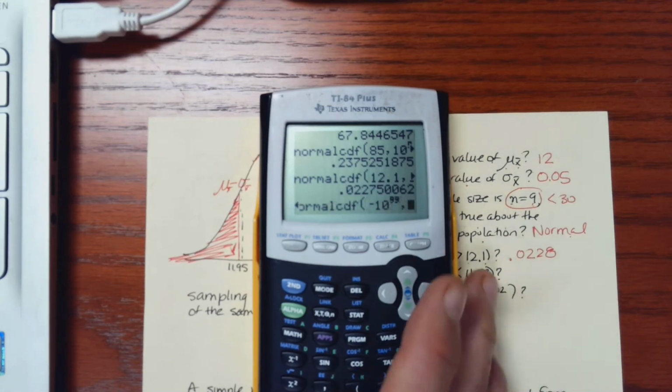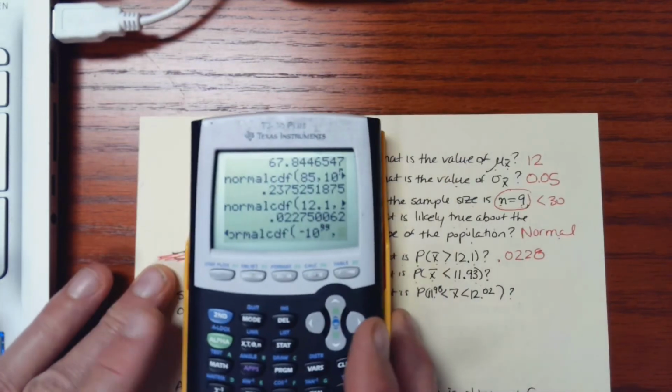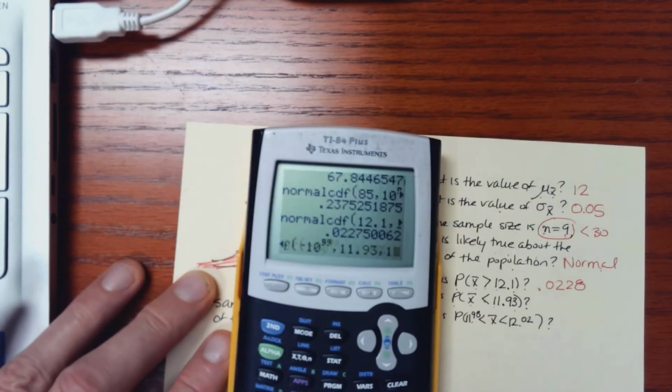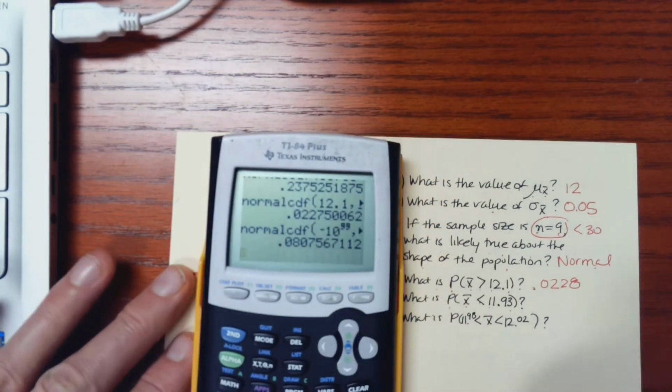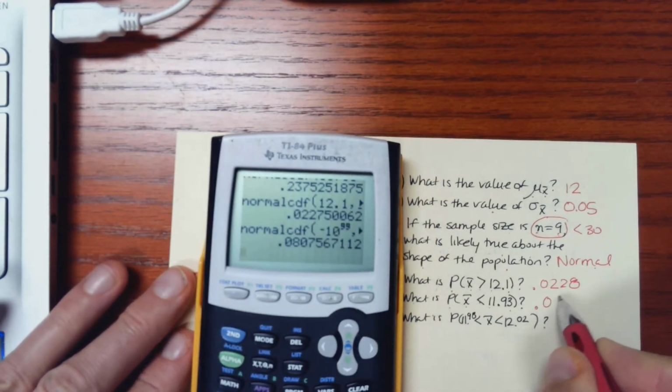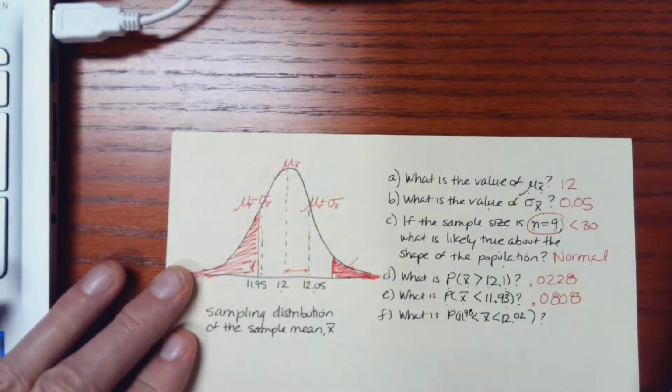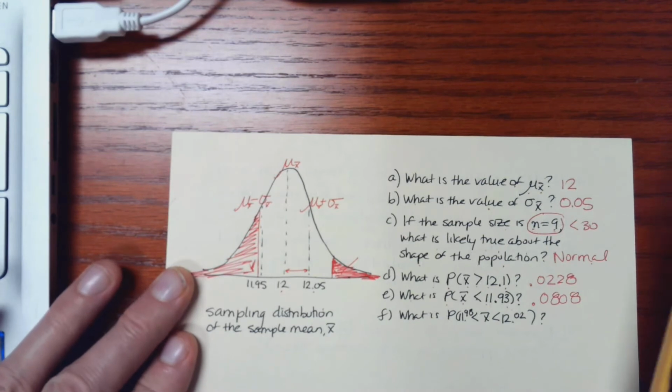And for the upper bound, that is 11.93. This distribution is centered at 12 with a standard deviation of 0.05. And so that probability is 0.0808. So about 8% chance of that happening.